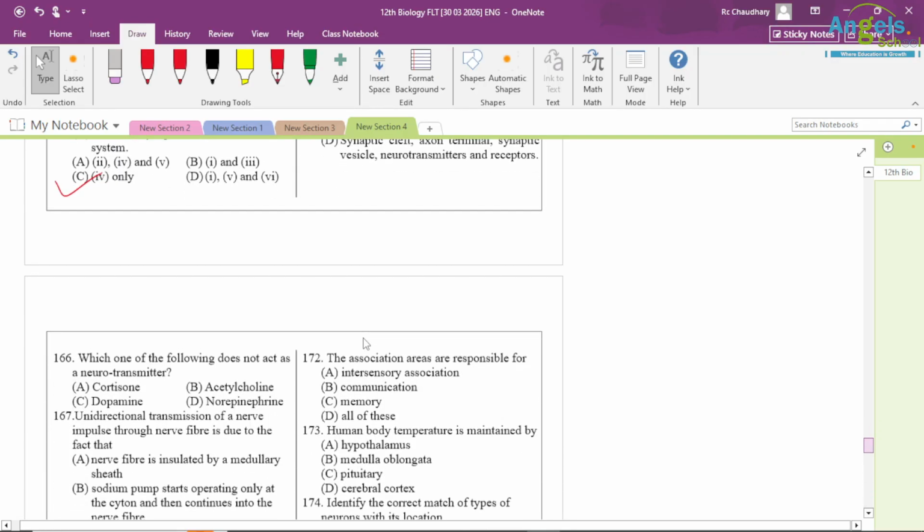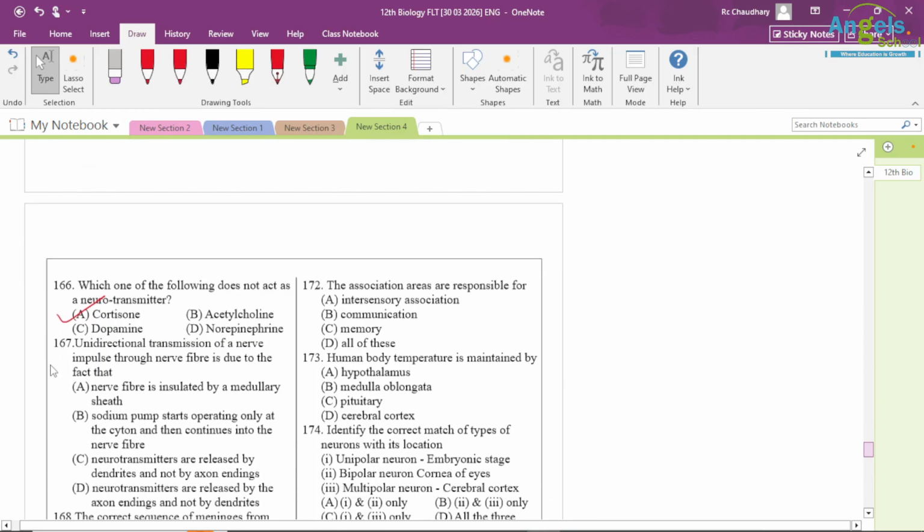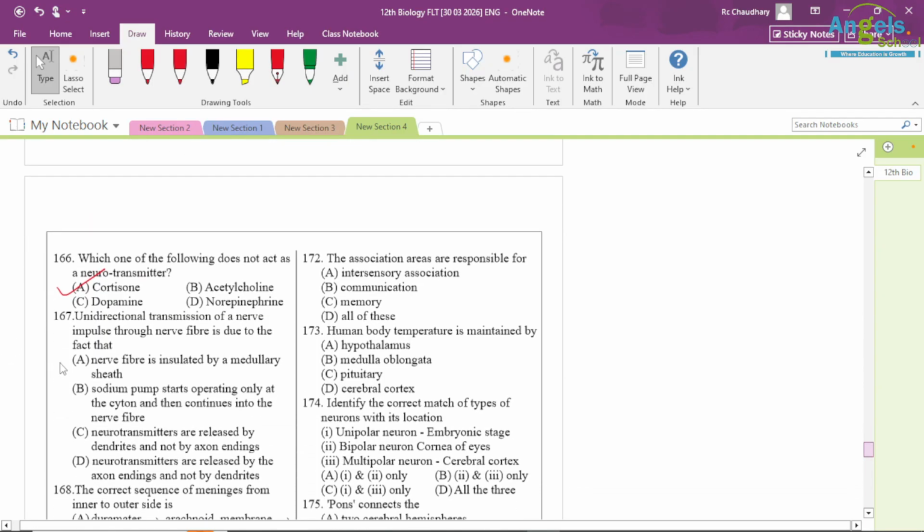So here acetylcholine, epinephrine, norepinephrine, dopamine, all are neurotransmitters, but cortisone is not a neurotransmitter, it is a hormone. Unidirectional transmission of nerve impulse is due to: neurotransmitters are released by pre and received by post. They are not released by dendrites. So that makes them unidirectional.